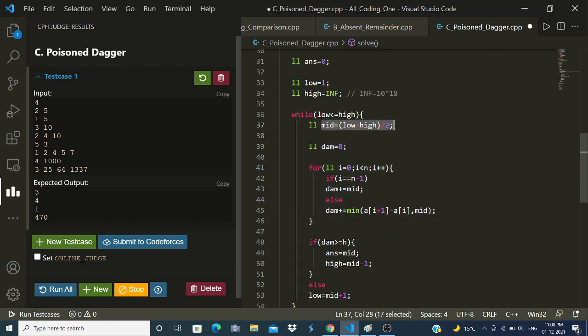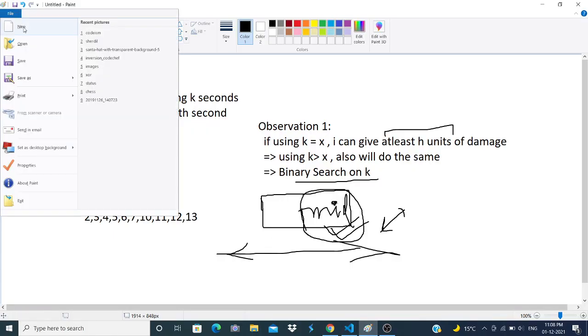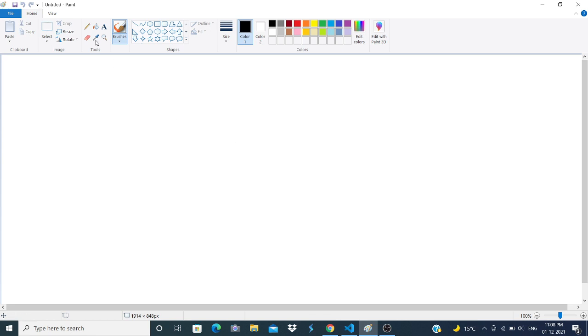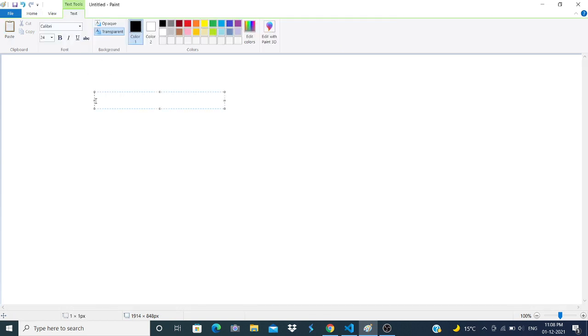if I use K is equal to mid, right? So this is also important to know, how we can actually calculate this damage. So let us see. Let's say I stab the dragon at A1, A2, A3, A4, something like this, up to the nth second.